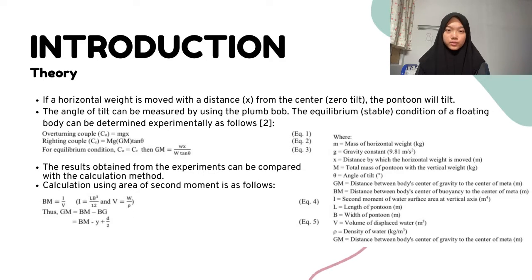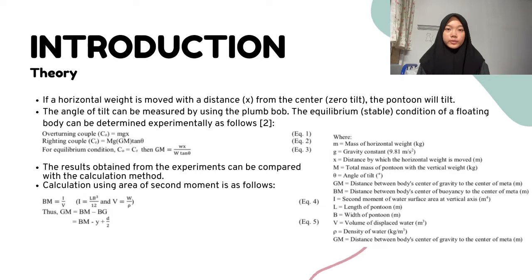In equation 2, we have the righting couple CR equal to capital M g (GM) tan theta. Capital M is the total mass of pontoon with the vertical weight in kg, and GM is the distance between the body's center of gravity to the metacentre in meter.